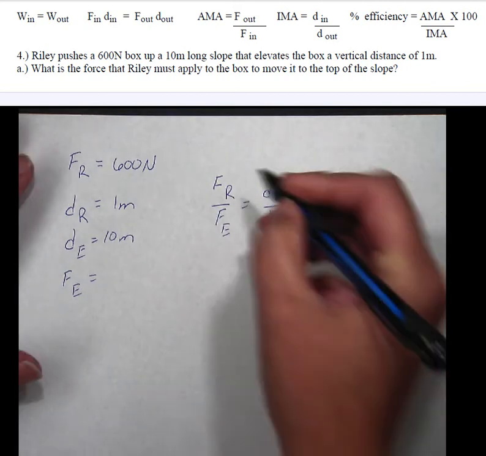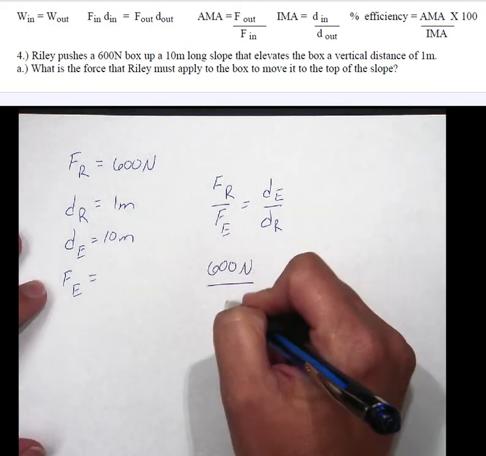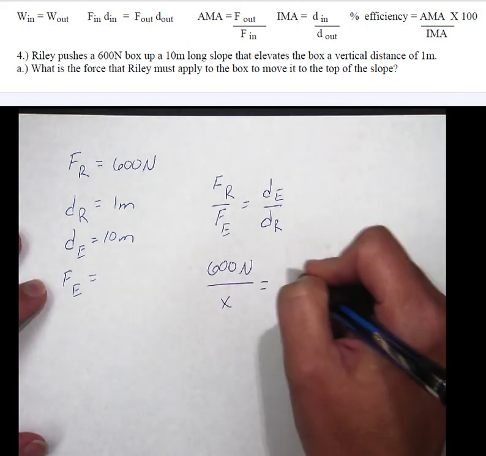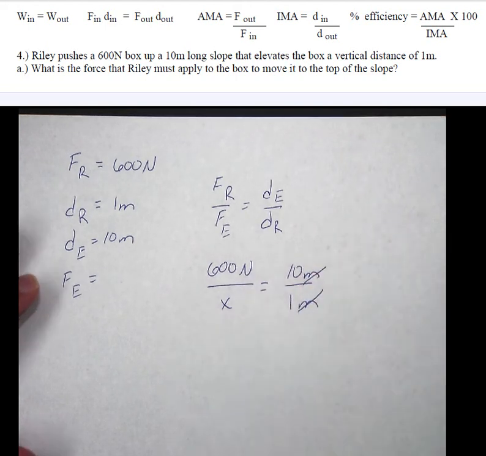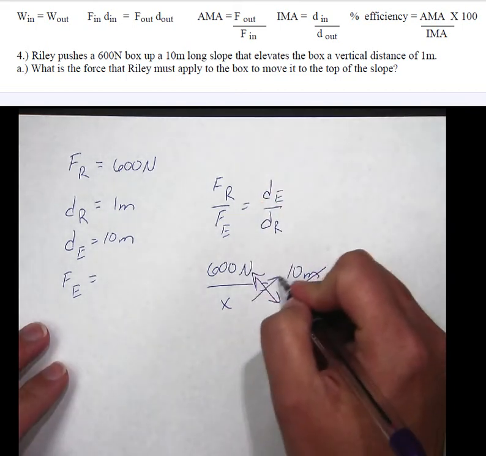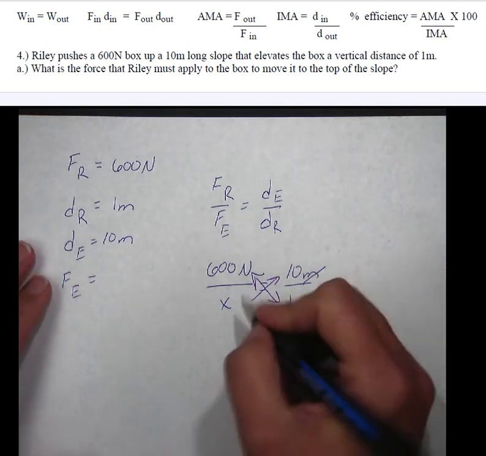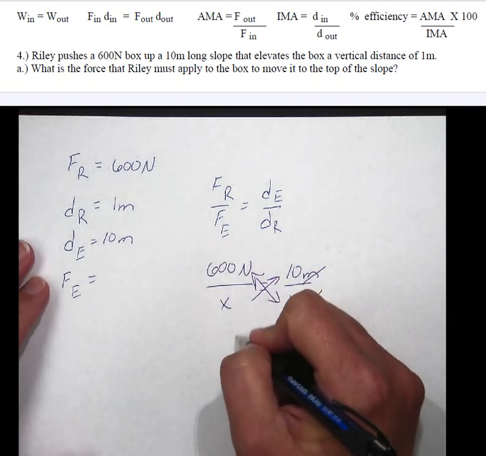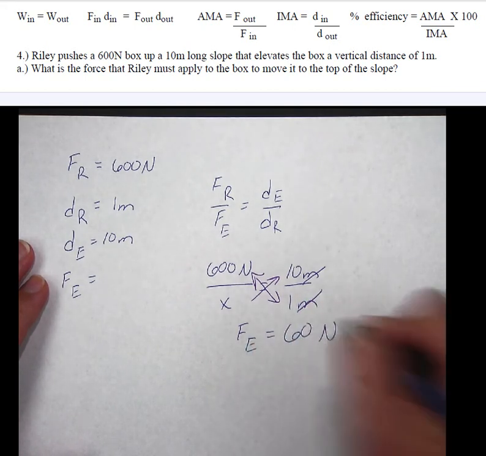So I'll plug it in. 600 newtons over X equals 10 meters over 1 meter. Meters cancel out. When I cross multiply, I'm going to multiply 600 times 1. Then I'm going to divide it by 10. So that's going to give me 60 newtons. All right, so Fe equals 60 newtons.